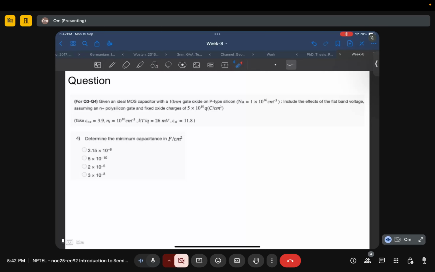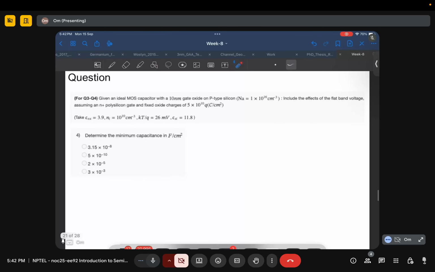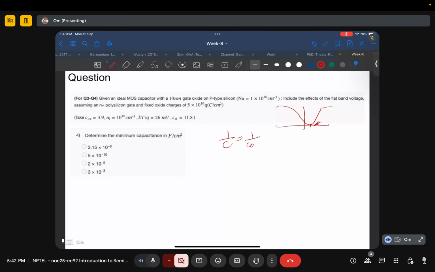So let's see how this one is solved. We have to find the minimum capacitance. Minimum capacitance in the CV curve is this, right? So if you remember, 1 by C is 1 by Cox plus 1 by C depletion, and this minimum is in depletion. So C minimum will be Cox into CD upon Cox plus CD.